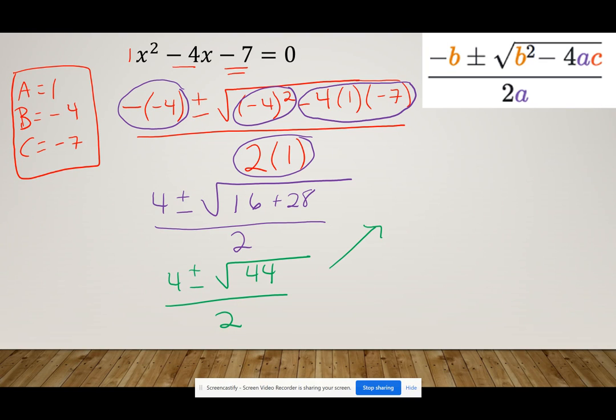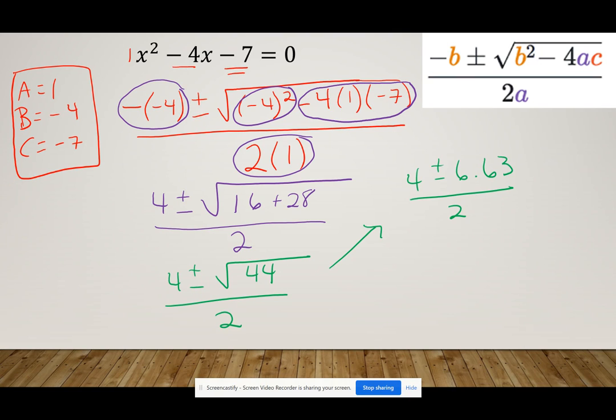We get 6.63, and there's a whole bunch of other digits, but we can say 6.63. So I can say 4 plus or minus 6.63 over 2.